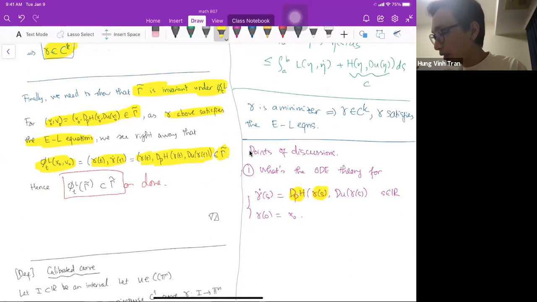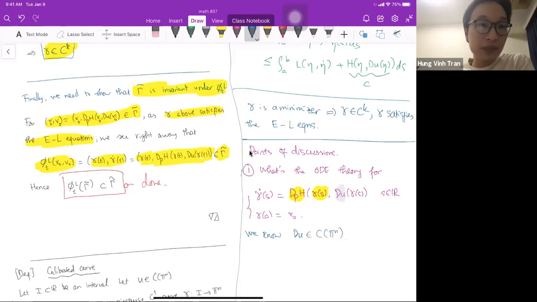What is troubling here is that you have this du. We know that du is a continuous function in the torus. That's fine, but it's not C1 or anything. It's only a continuous function.